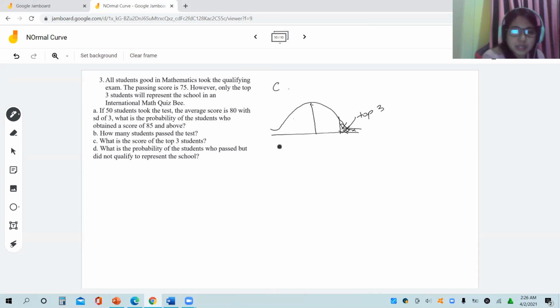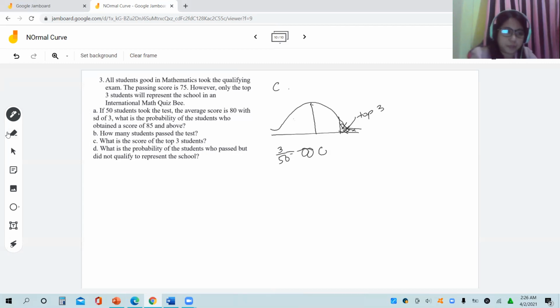So what is 3 all over 50? So it is 0.06, or 6%.